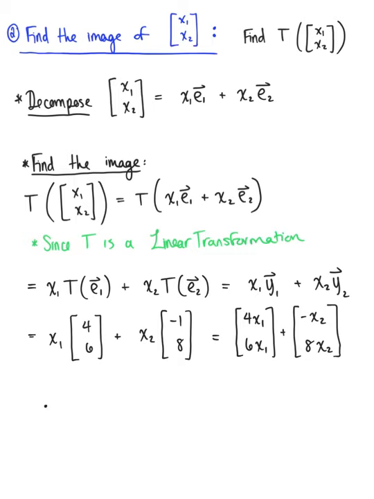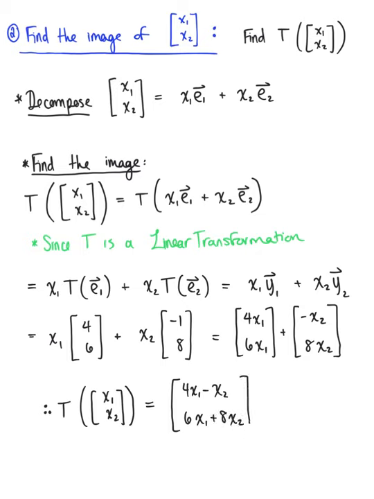And so we can make our final conclusion and say that therefore the image of this vector x sub 1, x sub 2 under the action of t is equal to the vector 4x sub 1 minus x sub 2, 6x sub 1 plus 8x sub 2. And that is our beautiful final answer.